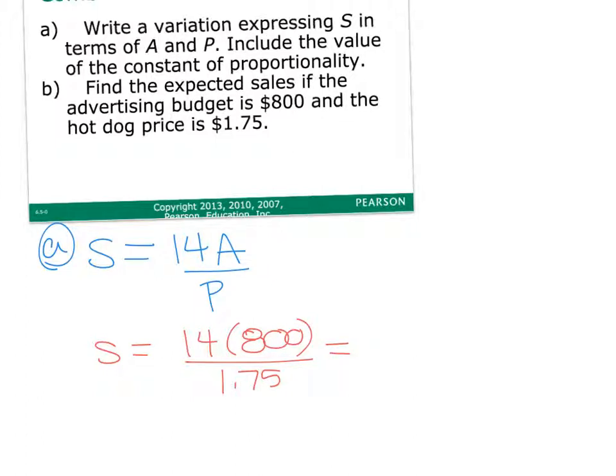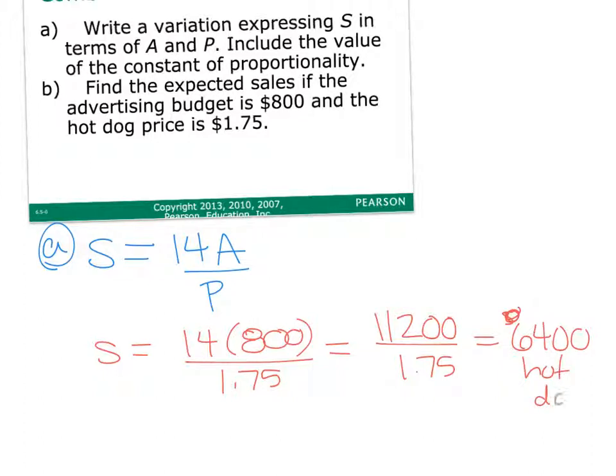So I would like to do the numerator first, 14 times 800. 14 times 800 is 11,200. And then I'm going to divide that by $1.75, which is 6,400. So even though they raised their price a little bit from the $1.50, because they put more money into the advertising, they still sold more hot dogs.